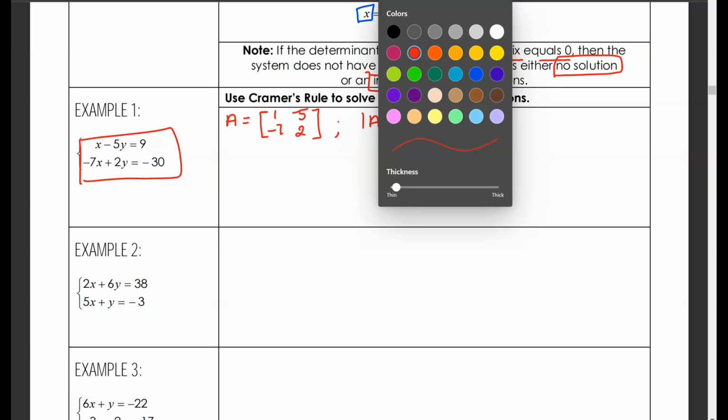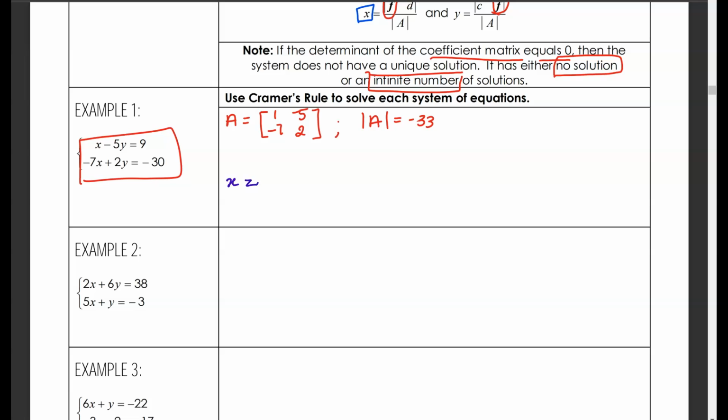Now to solve for x, x is going to equal the determinant where, instead of writing the x column, I'm going to replace it with 9 and -30. So 9, -30, and then I'm going to write the y values, -5 and 2, all over the determinant of A, which is -33.